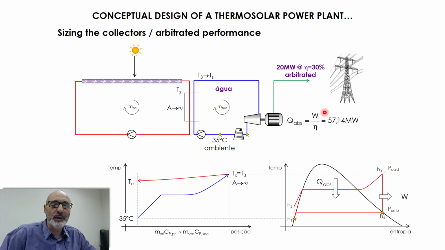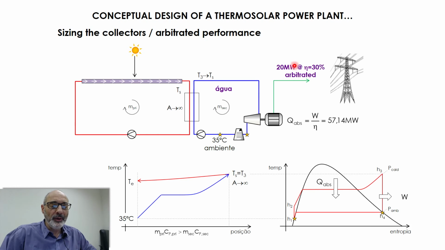Efficiency is equal to the surplus power divided by the heat absorbed from the hot reservoir. So dividing 20 megawatts by 0.3, I get 57.14 megawatts. This amount of energy is being supplied here by the primary, and it's related to the absorption at the collectors.